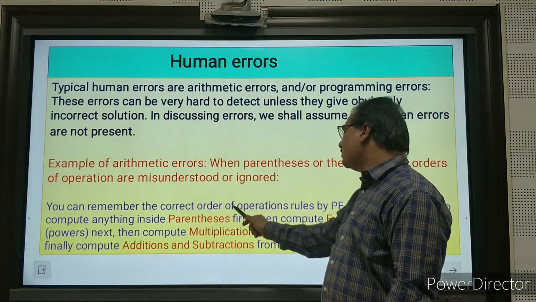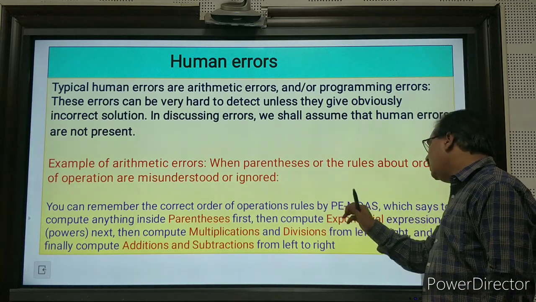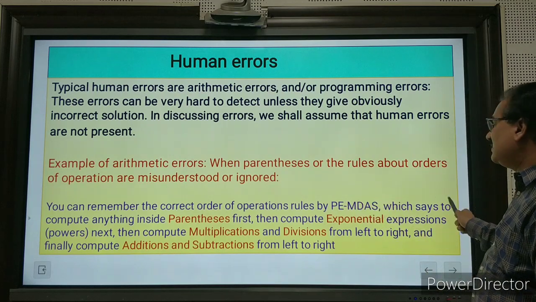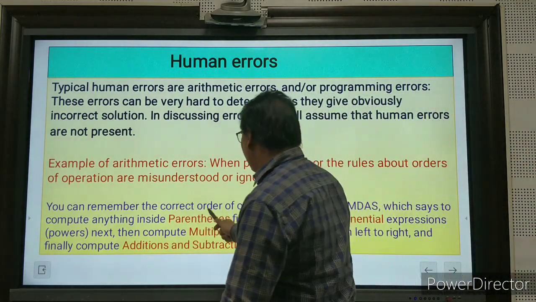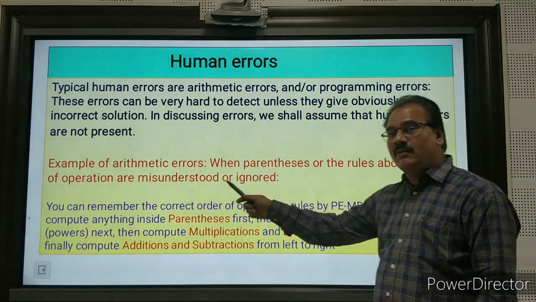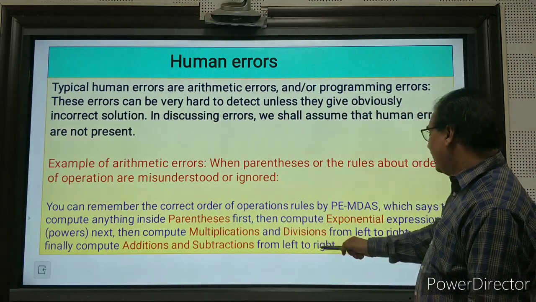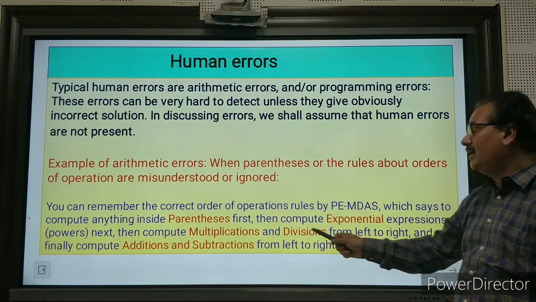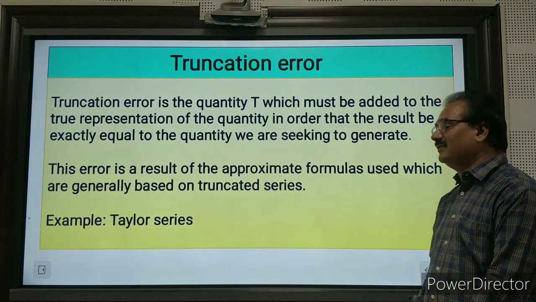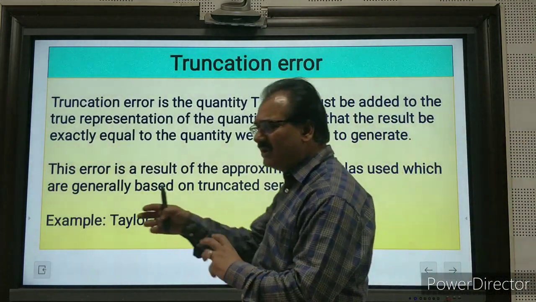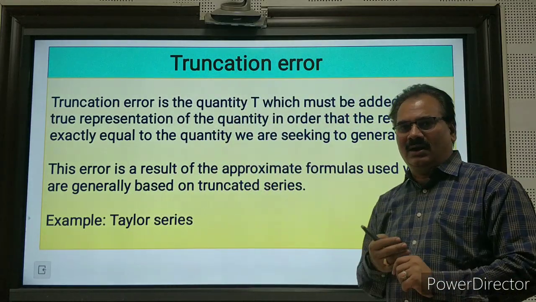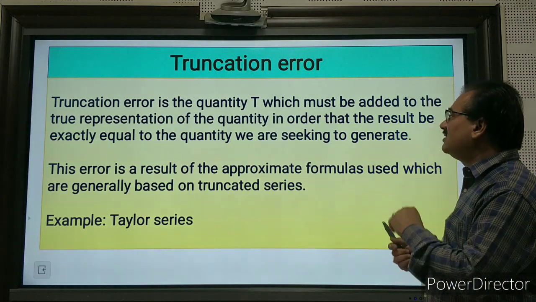You can remember the correct order of operations by PEMDAS. It says to the computer: compute anything inside parentheses first, then compute exponential expressions, meaning powers, then compute multiplication and division from left to right, and finally compute addition and subtraction from left to right. This is followed in numerical analysis because we always deal with both. C++ से प्रोग्रामिंग भी हम करते हैं, और फिर उसको मैनुअली भी हैंडल करते हैं, तो that is required.